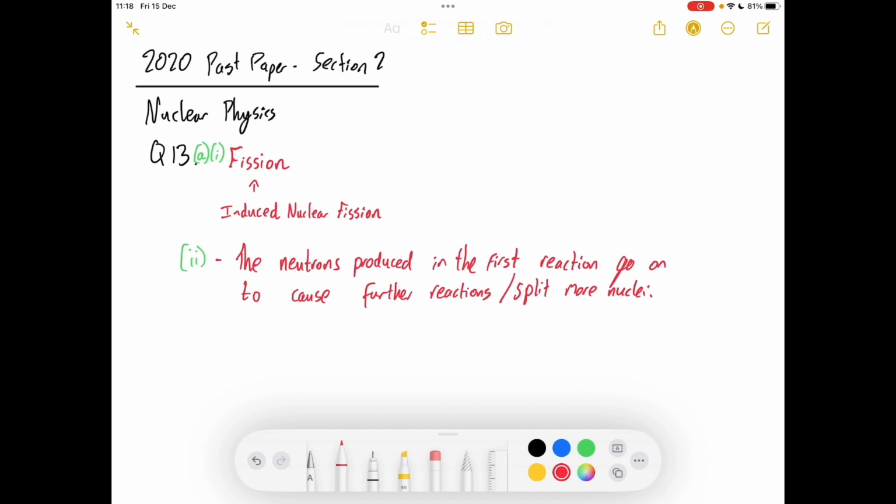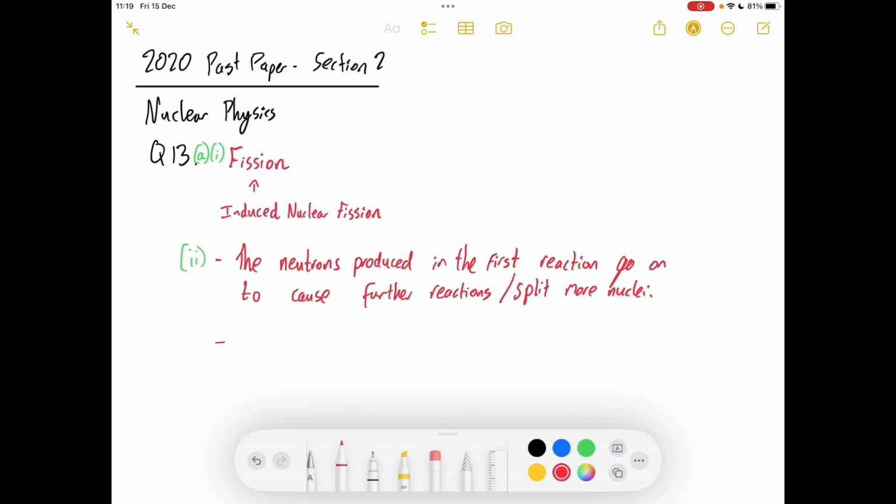However, at the end of nuclear fission, we're left with 3 free neutrons. So we get a net gain of 2 extra neutrons. Those 2 neutrons can then go on and split more, which will again produce 2 extras, and so on and so on. But you're always left with the one that you started with in the first place. So from one reaction, you could do 3, then 9, and so on and so on and so on. So that's the first mark.